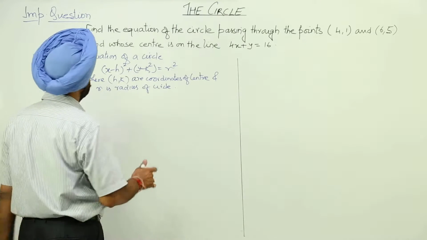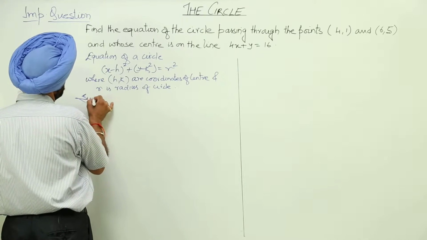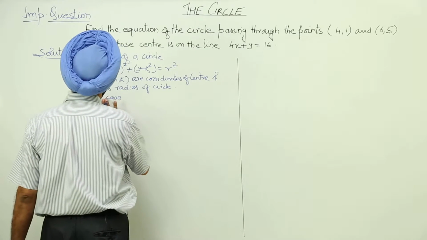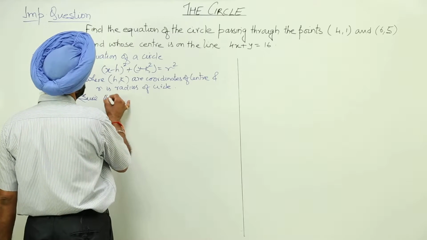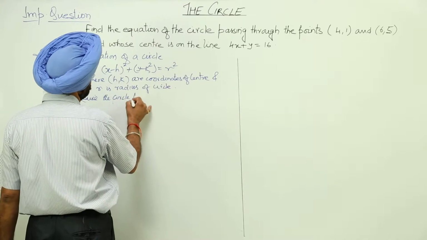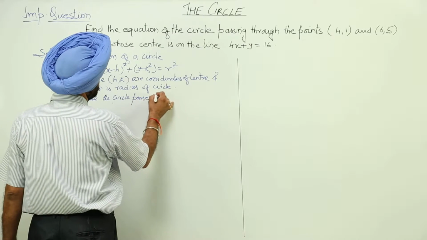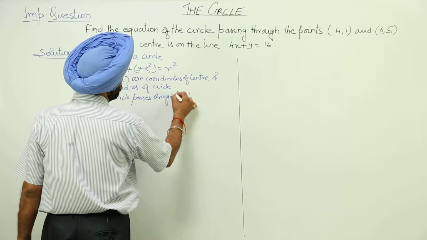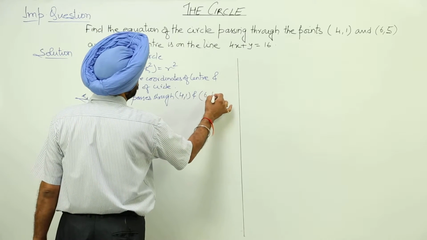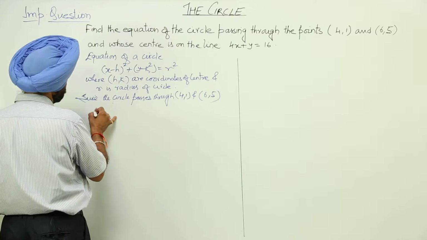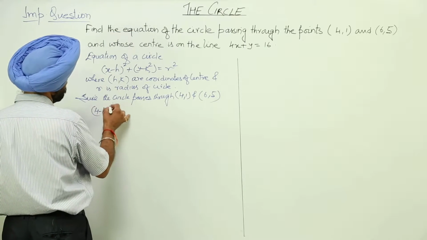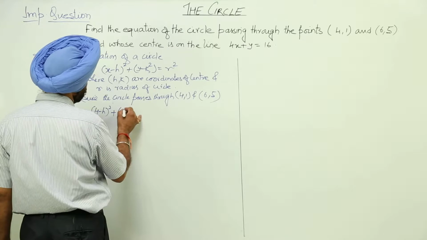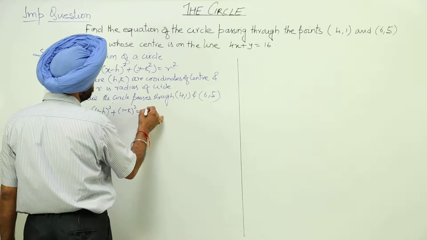Now, it is given that since the circle passes through (4, 1) and (6, 5), we can write (4 − h)² + (1 − k)² = r².